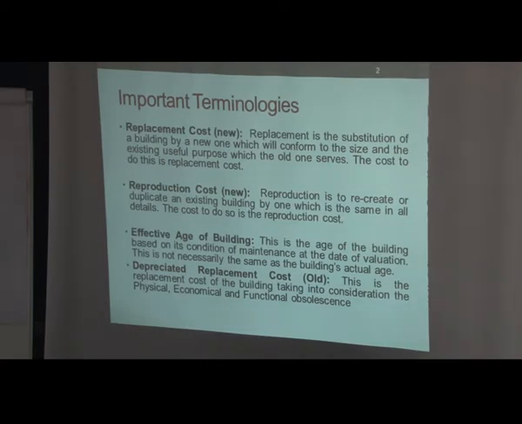Know these four important terminologies. Know what a replacement cost is. Know what reproduction cost is. And know the effective age of a building. Then know what the depreciated replacement cost of a building is.